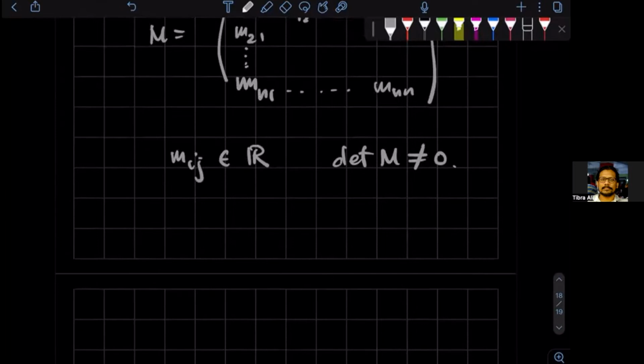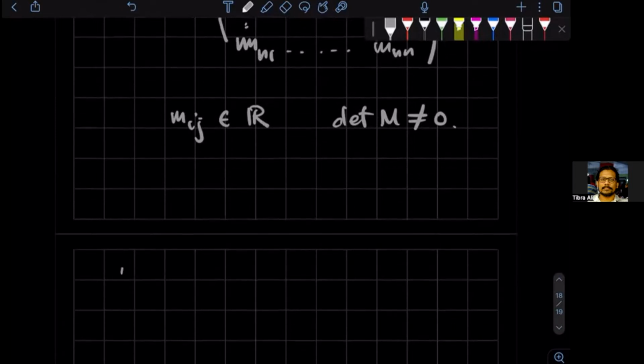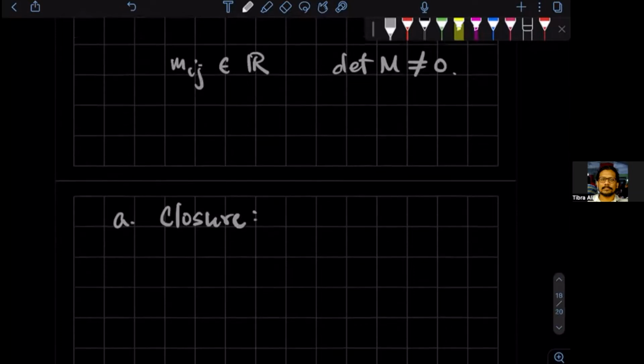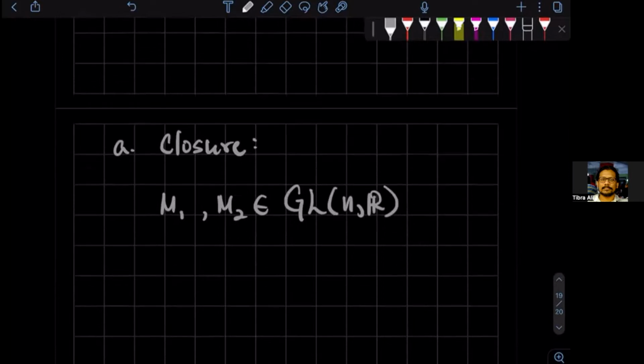Okay, so let's prove this. Number one is closure, right? So you want to prove closure. Suppose that M1 and M2 are both in GLNR. Then let's consider M3, which is M1 times M2, right?